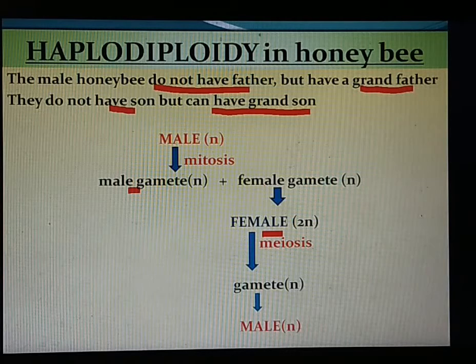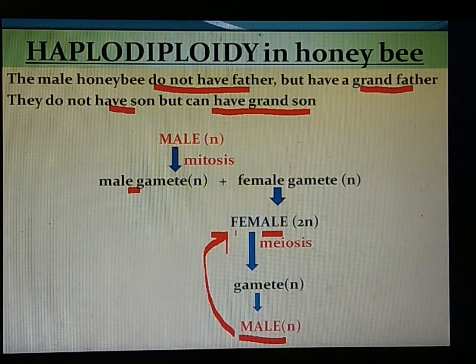So what is the meaning of the first statement? The male honeybee do not have father. We'll consider this male. This male do not have father, because it has formed from the gamete of a female, and this gamete has developed into this male without fertilization. So definitely they won't have father. They can have mother, but have grandfather.